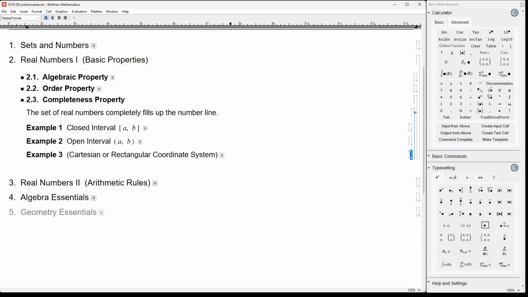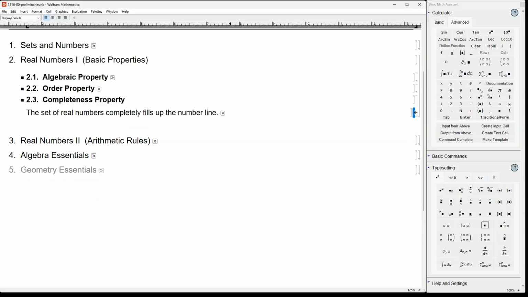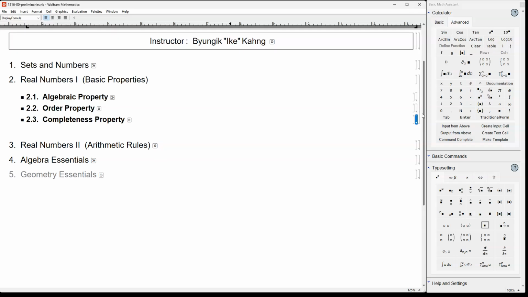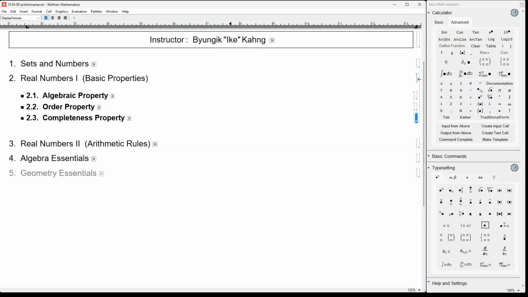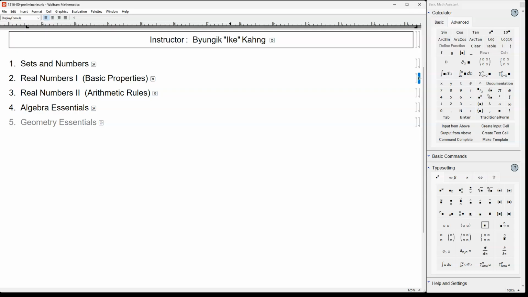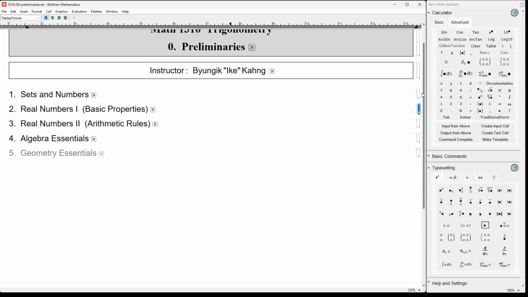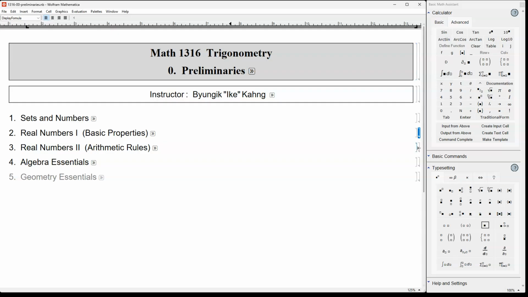So we have a one-to-one correspondence between any pair of real numbers versus any point on a plane. So that allows us to do geometry based upon real number arithmetic. And we're going to use that a lot in this course because trigonometry, especially college level trigonometry, is based heavily upon the Cartesian coordinate system.